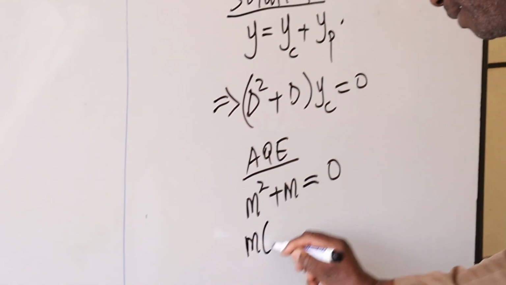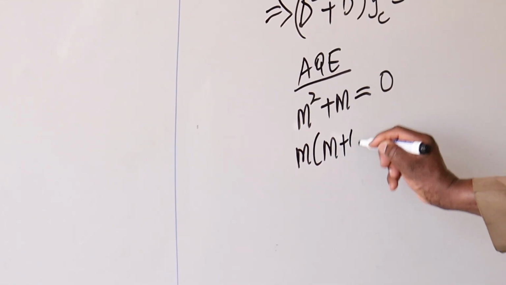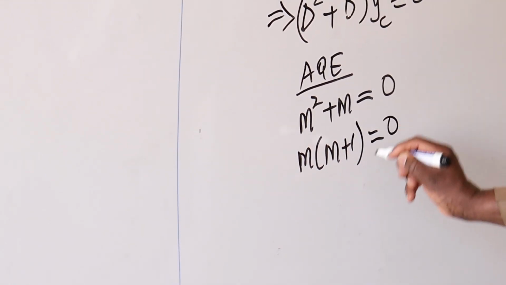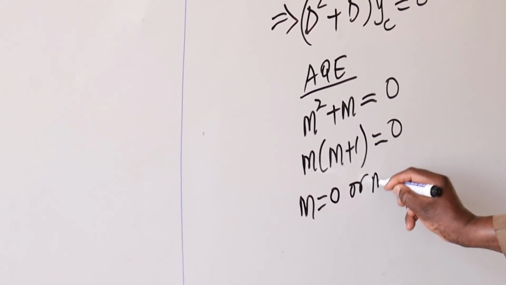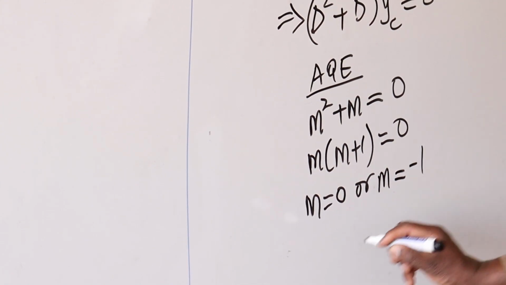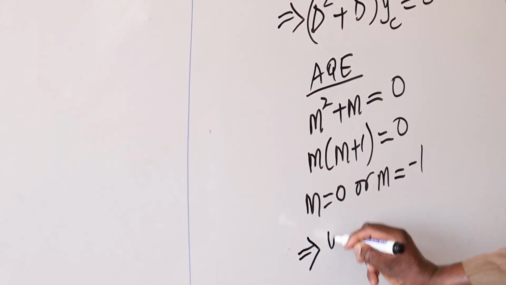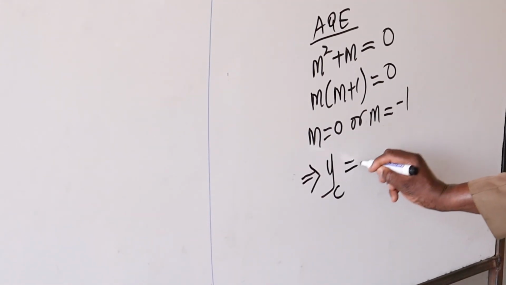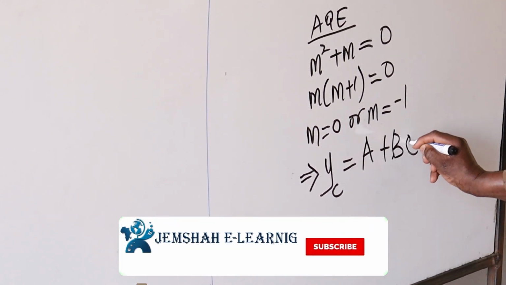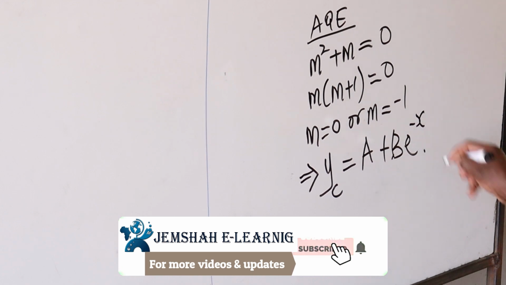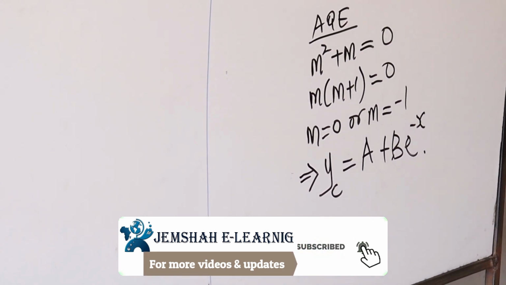So this is m into m plus 1 is equal to 0. m is equal to 0 or m is equal to negative 1. This implies our yc will be equal to A plus B e power negative x.